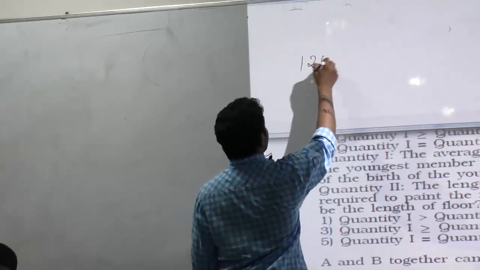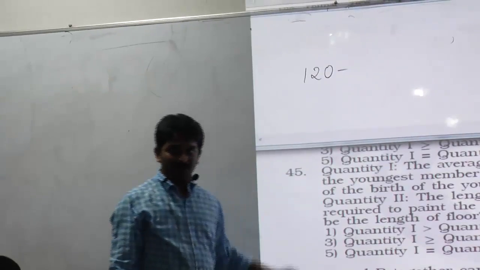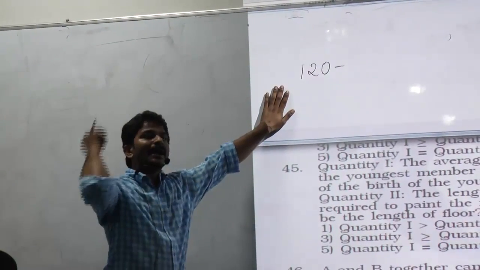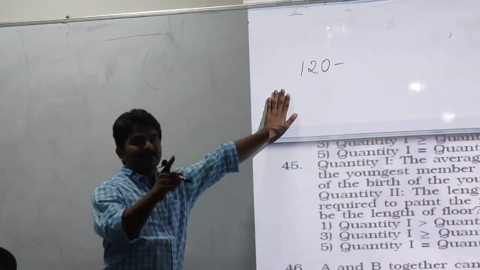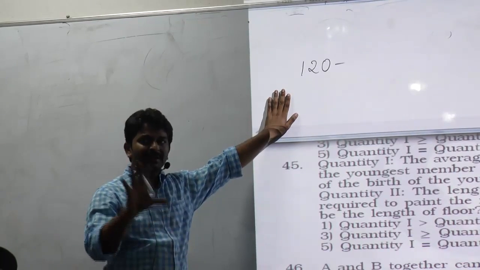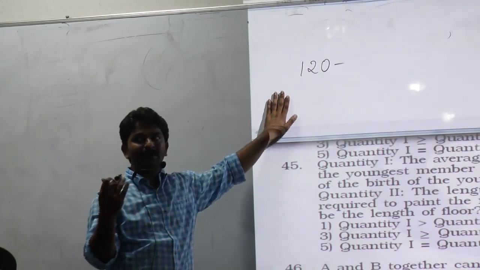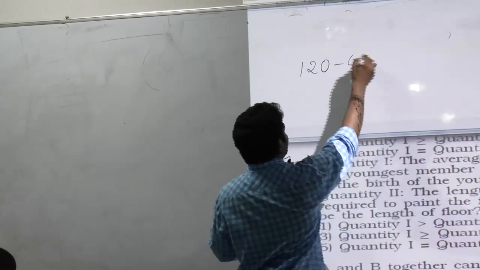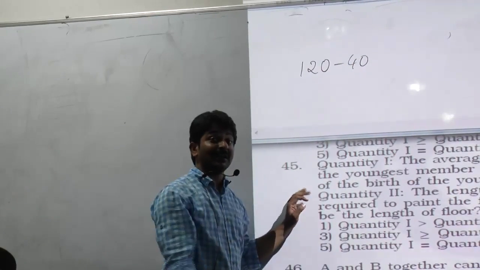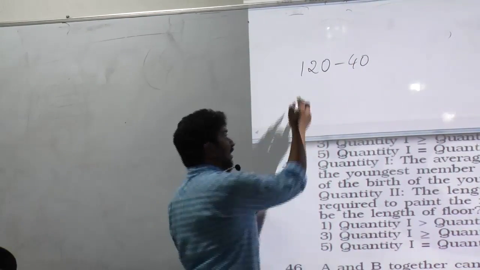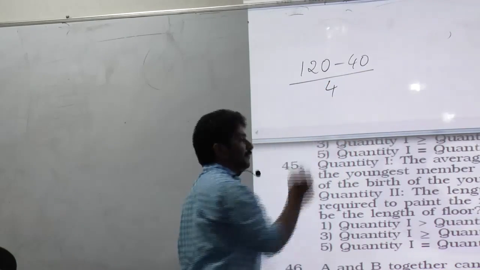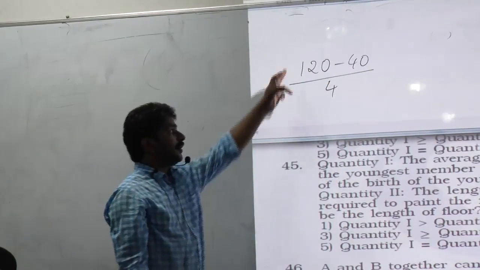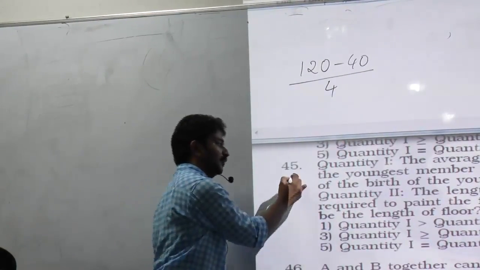Who is the youngest one? 8 years old, right? So when you go back 8 years, for every person you need to subtract 8 years. Like that you have 5 persons, together you need to subtract 40. Now when you go back 8 years, how many persons were there at that time? Only 4 persons, and if you calculate their average, that becomes 80 by 4, 20. Quantity 1 is 20.